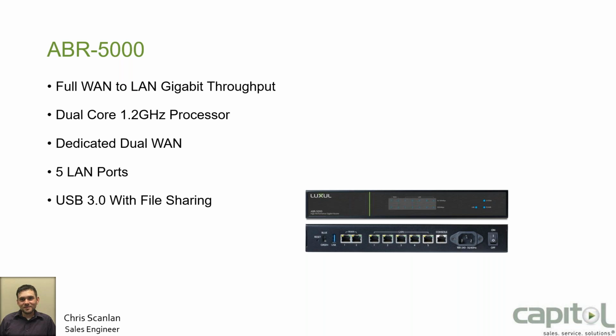Also USB 3.0 file sharing, so it has a DLNA server built right into it. You can have an external hard drive plugged into this if you're doing a residential installation or a small commercial one and they want to use this as their small server for file sharing. Great little product.